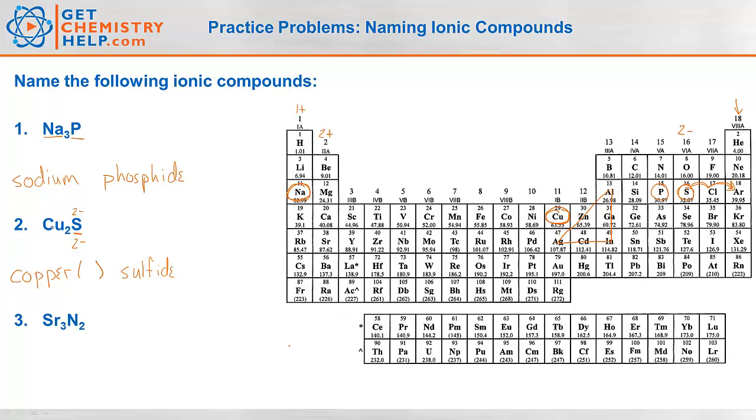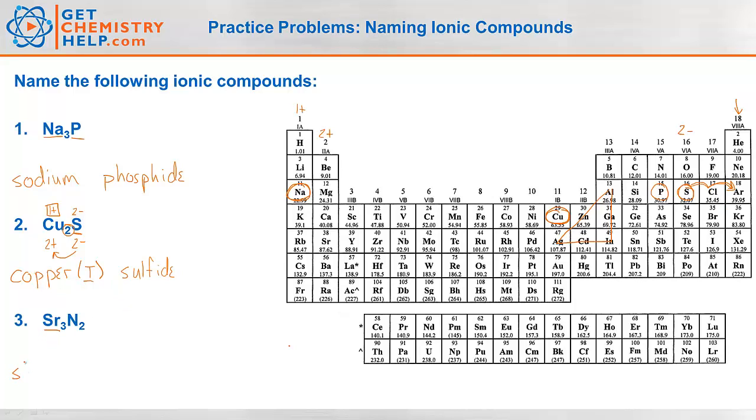Well, the charge on the cations has to total the same as the charge on the anions. So if the anions are 2 negative, the cations have to combine to be 2 positive. But again, that's not saying it's copper 2 because we have 2 of them. So 2 coppers are combining to give 2 positive. So what would each copper have to be? Well, each copper would have to be 1 positive. So copper 1 sulfide.